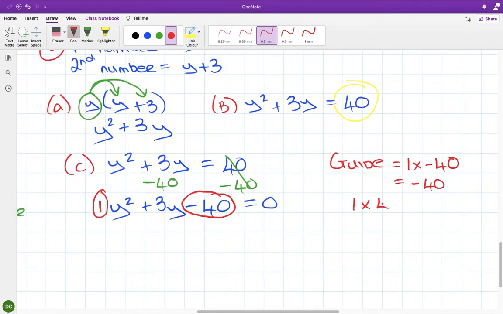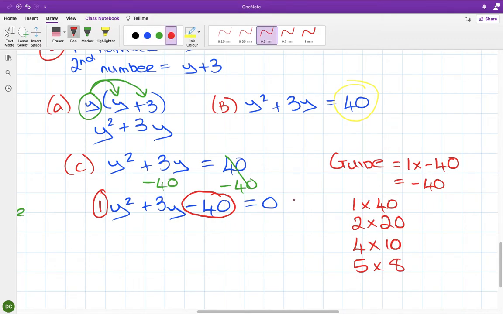So that's 1 times 40, 2 times 20, 3 doesn't work, 4 times 10, 5 times 8, 40 divided by 6 doesn't work, 7 doesn't work, and then we're back to 8.